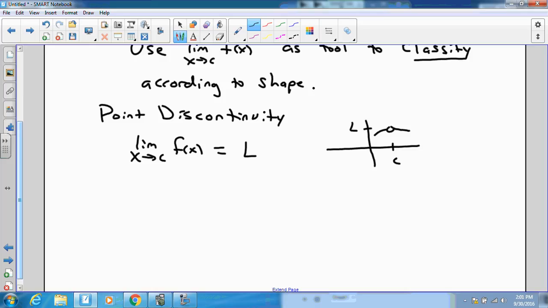It has to come in towards L from the left and come in towards L from the right, because the limit is equal to L, which means the limit from both sides is equal to L.